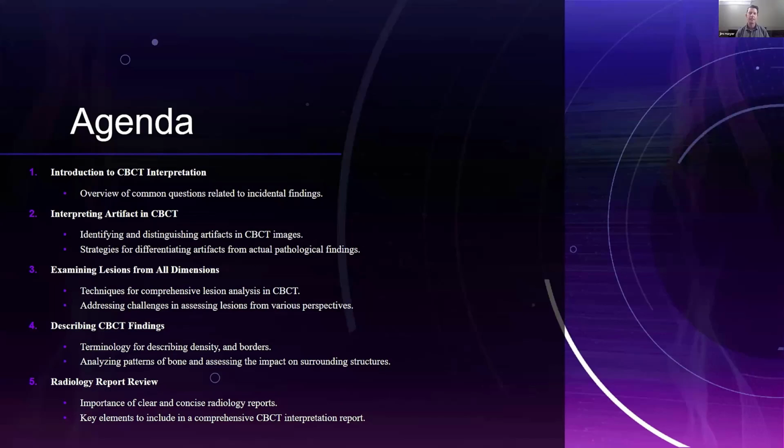Perfect. And Dr. Bukhari, we've got describing CBCT findings. I know you and Dr. Boccolini are both going to be touching on this for some terminology, borders, and things. Can you just give us a brief overview on that 4th section? Absolutely. So again, as I mentioned, we're going to be delving into the more common terminologies that we use to describe a pathology.